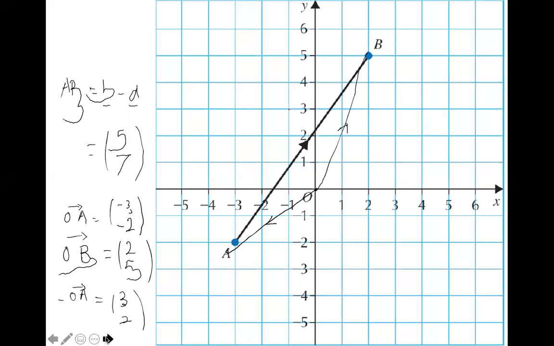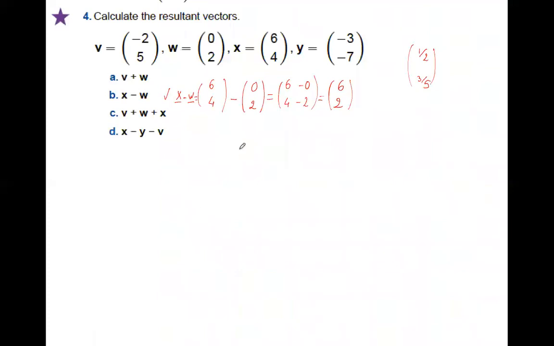So let's see what we've got next. That was part of the homework. Sometimes you are given vectors in component form and you're asked to add them. Here for A, we're asked to add V plus W. You just add the X components and the Y components. So you get -2 plus 0, which is -2, and 5 add on 2, which is 7.